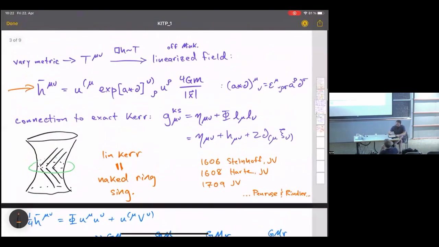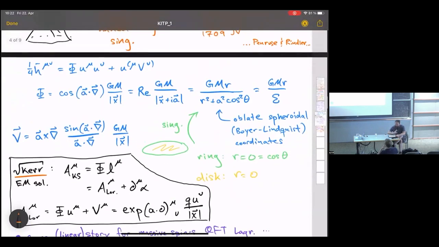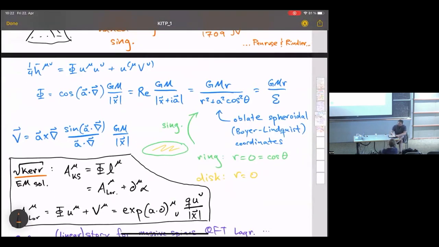There's a nice way to connect that to the exact Kerr solution in Kerr-Schild form. I'm just going to point at these formulae and ways to understand this in terms of Boyer-Lindquist coordinates.